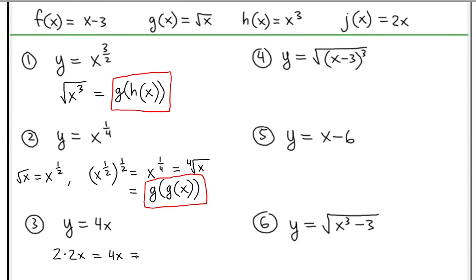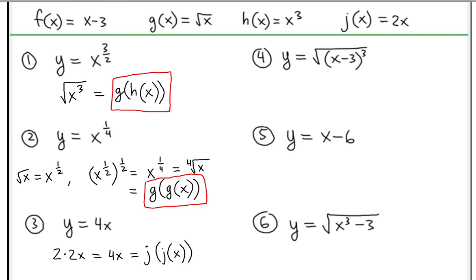So what does that mean? It means you're taking the j of x, okay? You're taking the j of x, and then you're simply going to put 2x instead of this x here, right? So you're putting the j of x in itself.